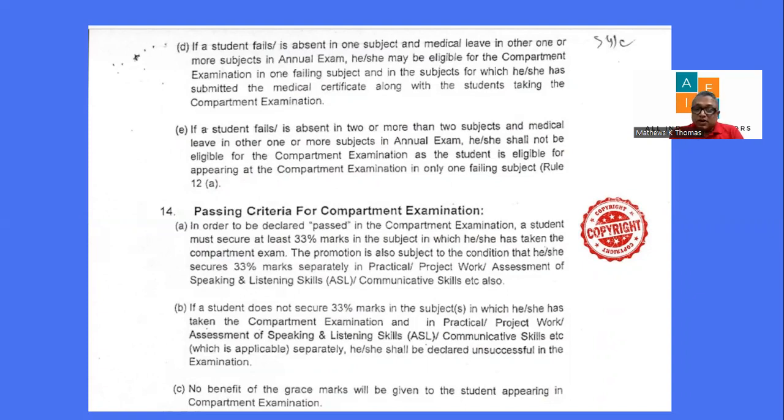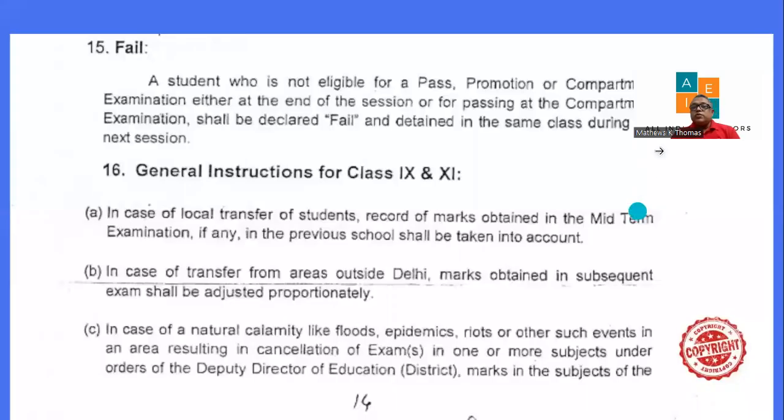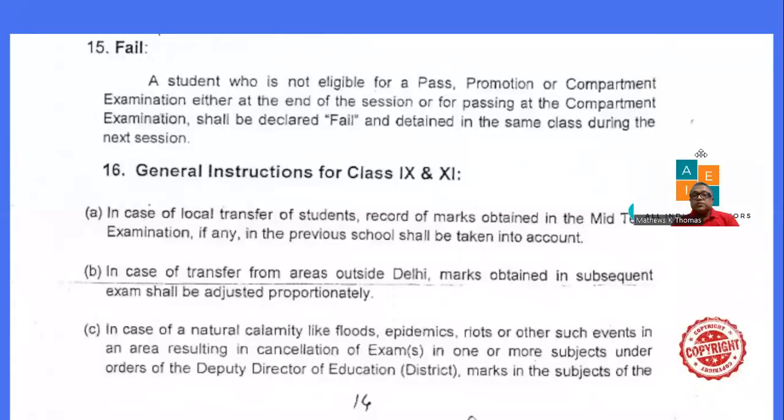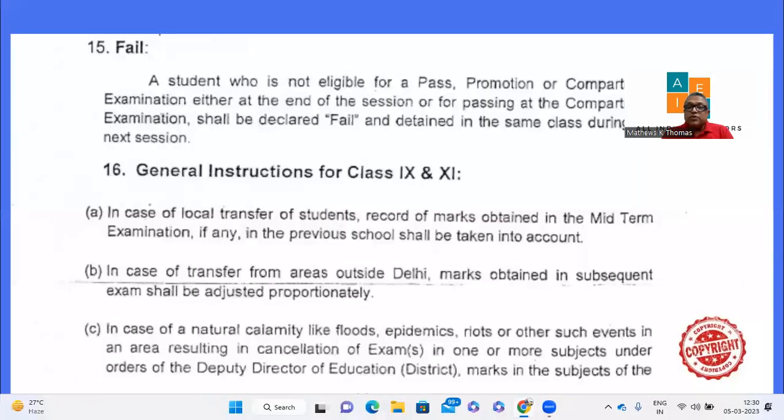If the student is not getting 33% in the compartment exam that has been taken either in the practical or in the theory, then the student will not be promoted to the next class, right? A student will not be eligible to pass and will be detained for the session if in the compartment exam the student has not got 33%.